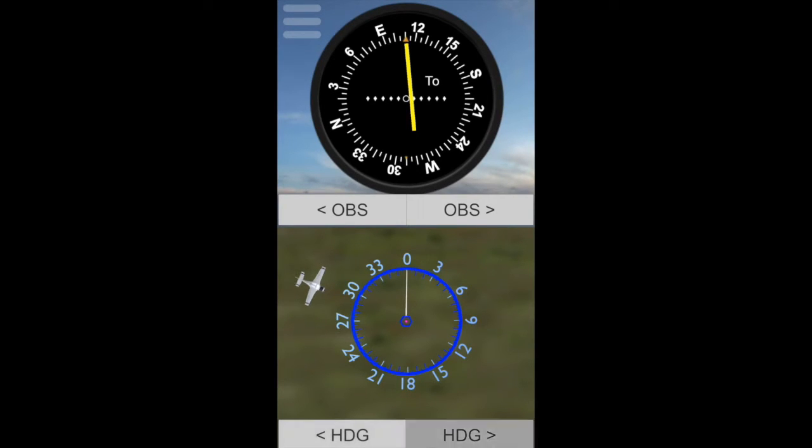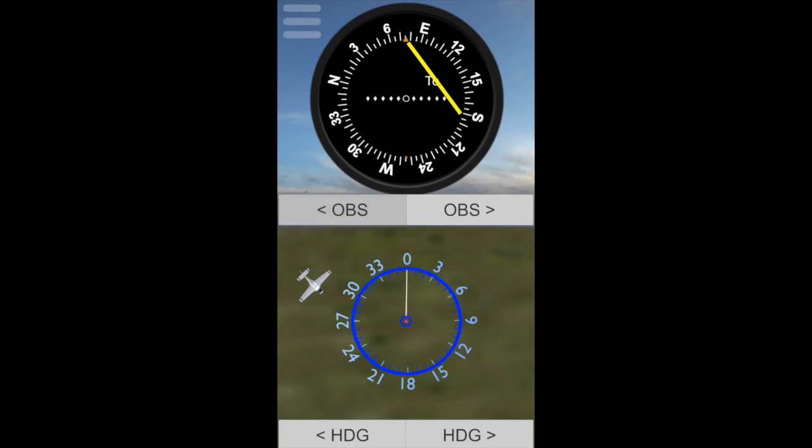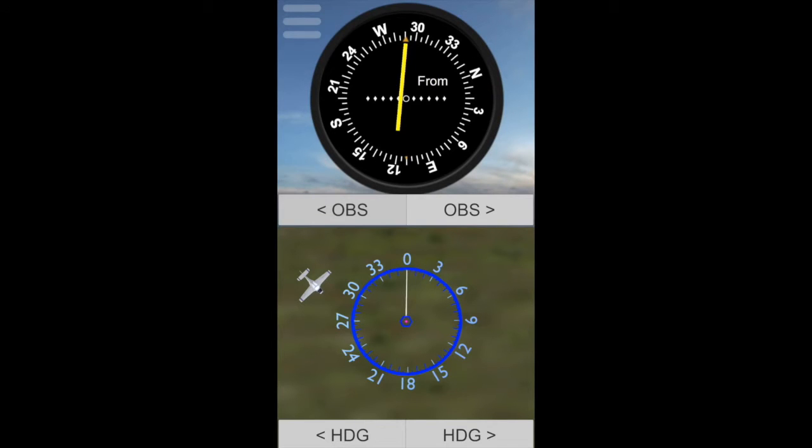If I fly the opposite heading, which is the radial I'm on, with the FROM indication, I fly 290. Turn the plane around. I'm flying 290. I am flying away from the VOR.